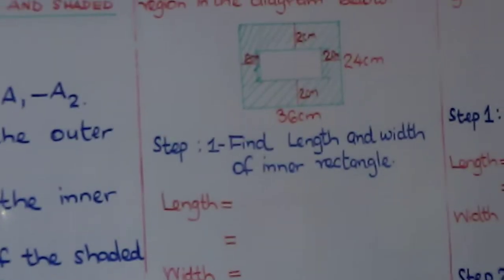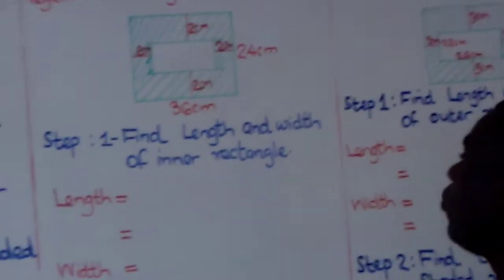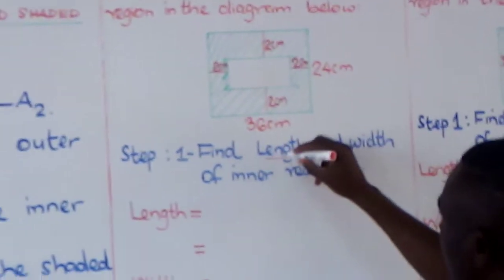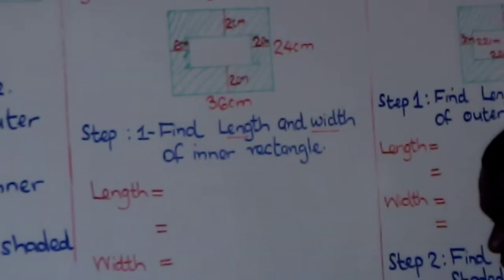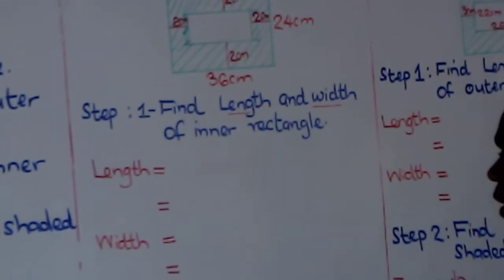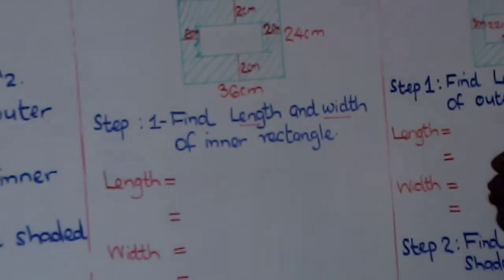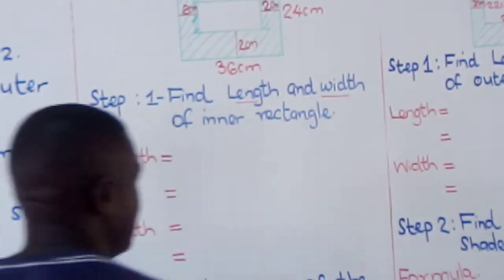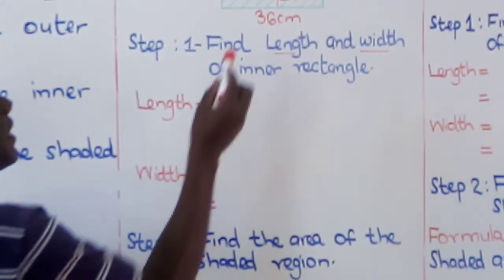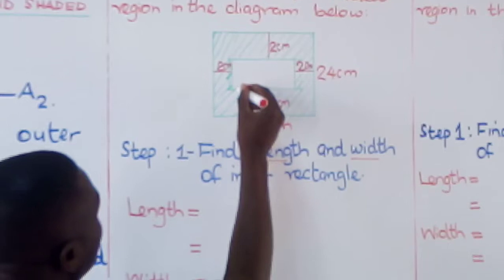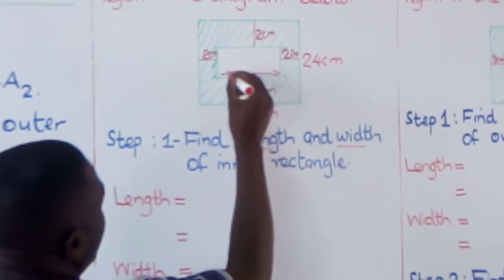2 steps involved. First step, find the length and the width of the inner, because we don't have the length and the width of the inner. Remember, we have the length and the width of the outer, but we don't have the length and the width of the inner. Boys and girls, in simple explanation, to get the length of the inner, from there up to there.